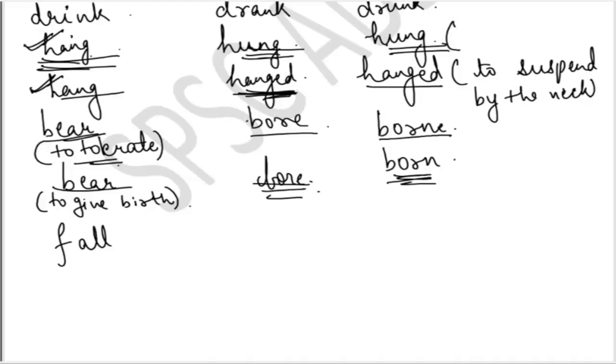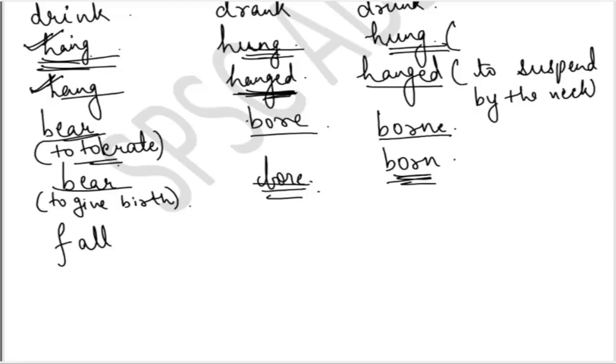See, the V1 form is the present form of the verb. We are talking about tenses here. We all know that tenses are of three types: present, past, and future. Whenever we talk in the present tense, we will be using the V1 form. That is why V1 is called the present form of the verb.